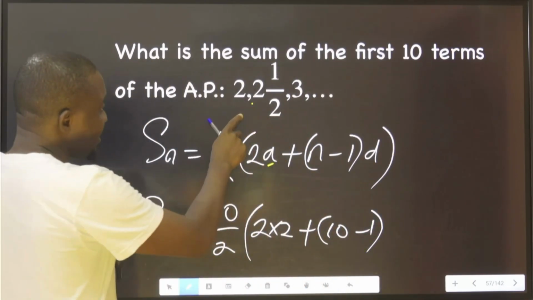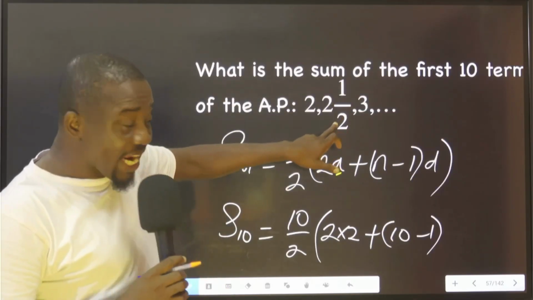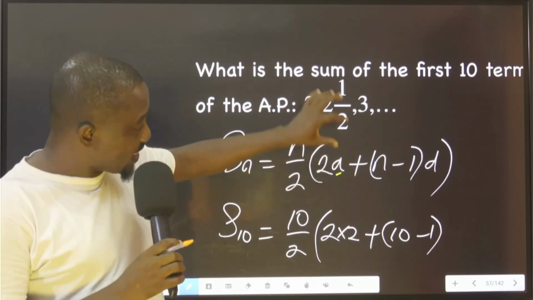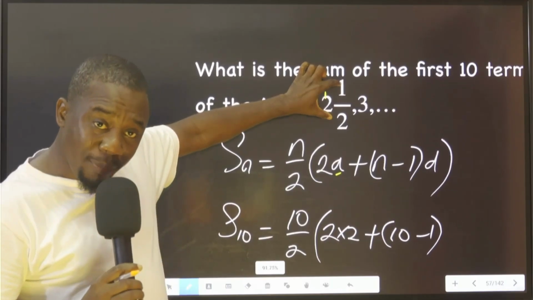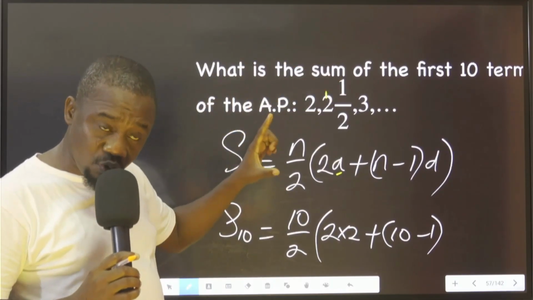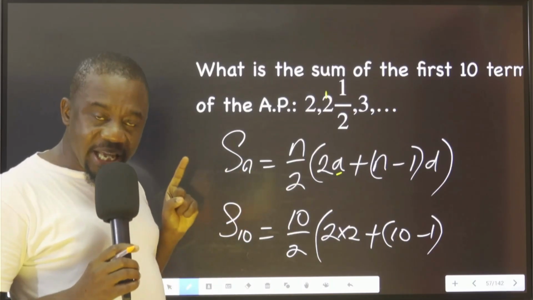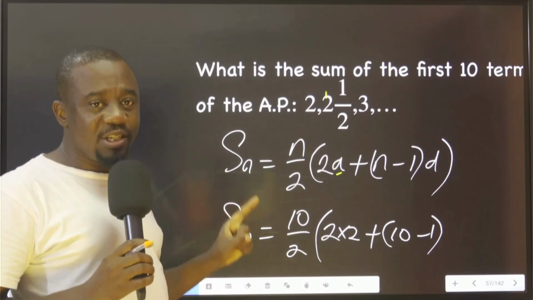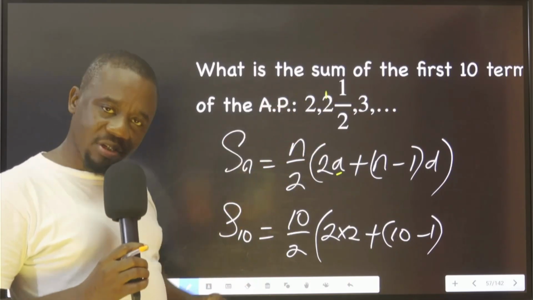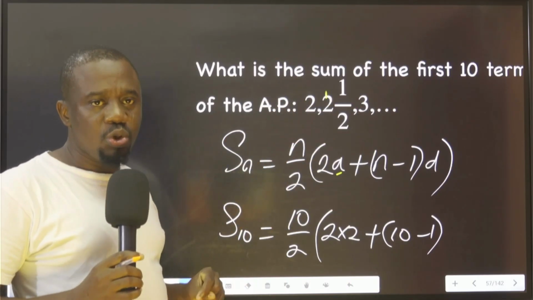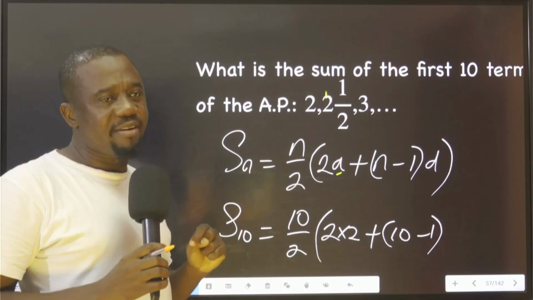The common difference is this minus this. If you look at it very well, if you want to find the common difference, it is the second term minus the first term, which is 5 over 2 minus 2. You agree with me? 5 over 2 minus 2 is equal to 0.5. That is 1 over 2. 3 minus 5 over 2 will still give us 0.5. We can prove that.